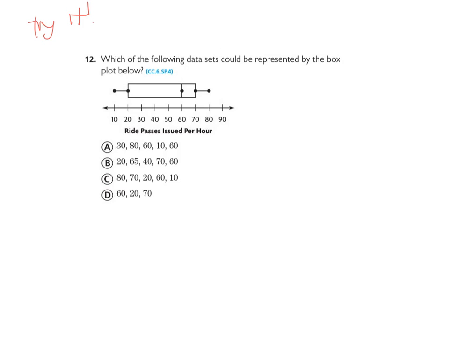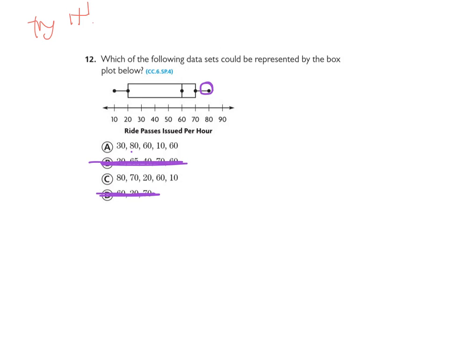Alright, so to solve this one, I quickly noticed that my lowest point would be 10, so I looked to see if any of these did not have a 10, and D didn't have a 10, so I crossed that out. Then I looked to see, my highest point was 80, does any of them not have 80? A has an 80, B does not, so I know that's not an option.